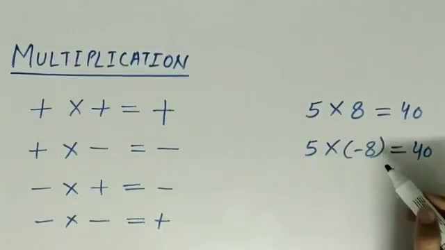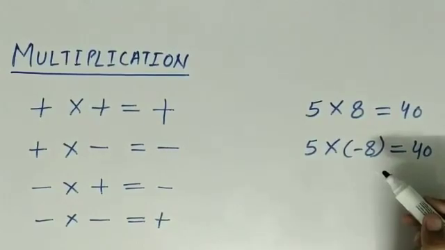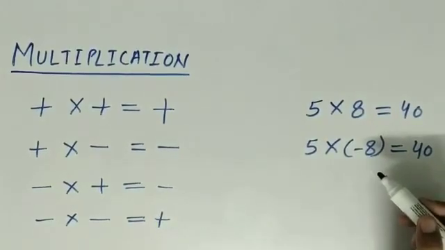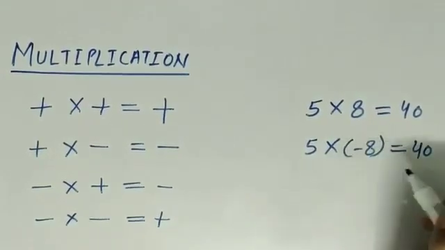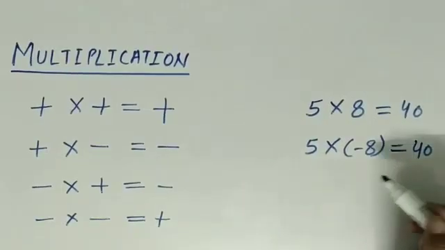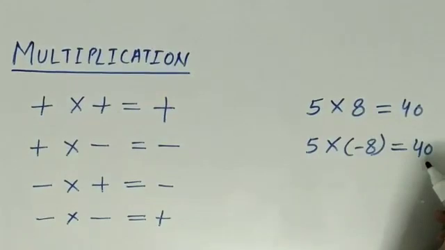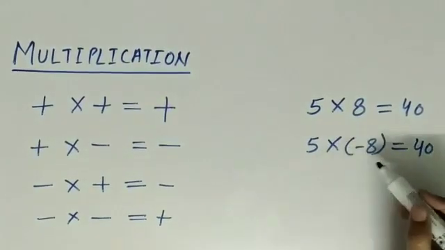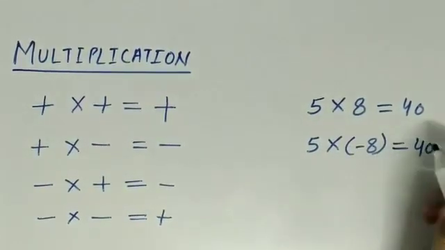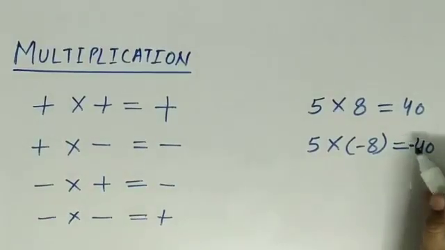Very important, I am repeating, when we multiply integers, we multiply the signs of those integers too. So 5 multiply 8 is equal to 40, and positive multiply negative is equal to negative. So my answer is minus 40.